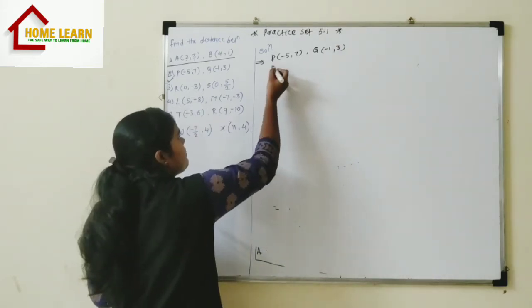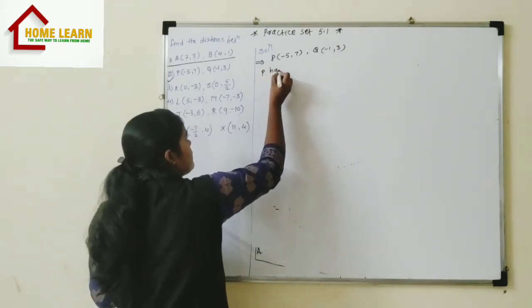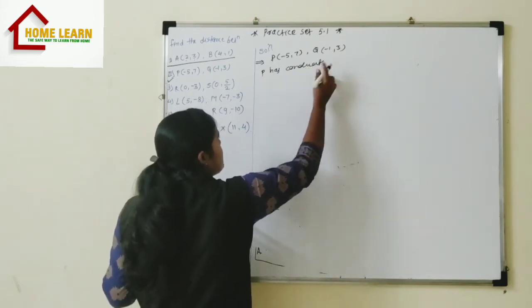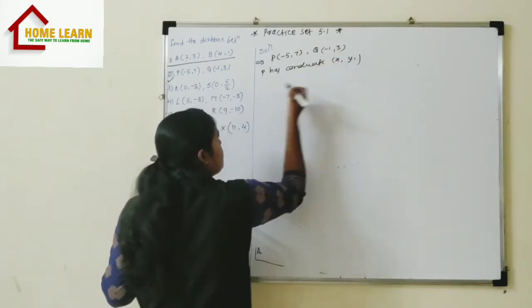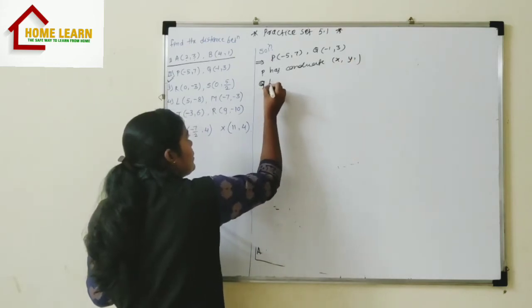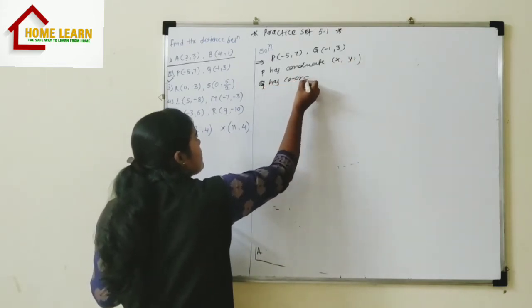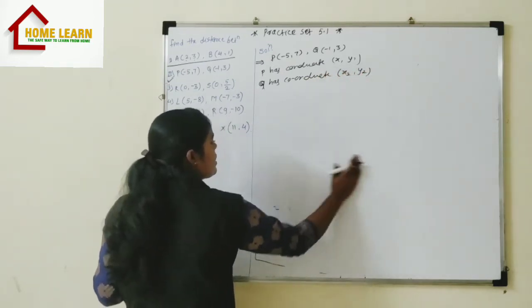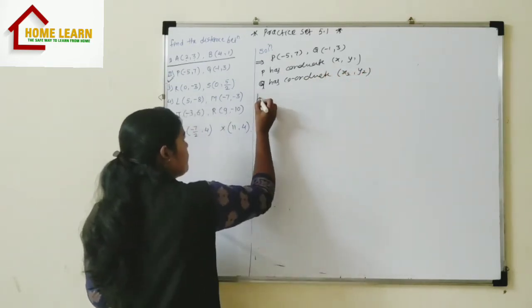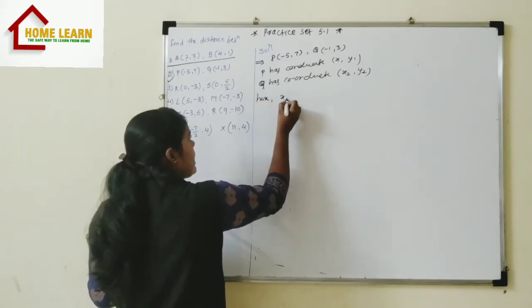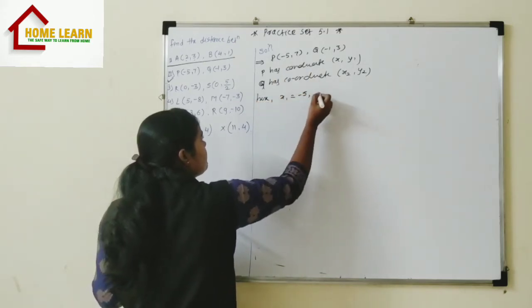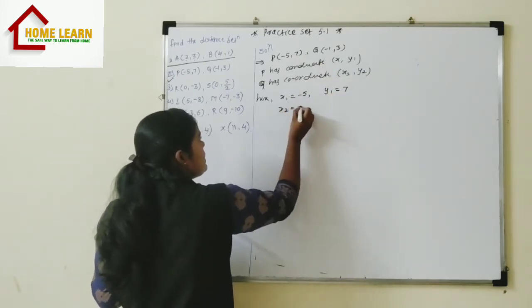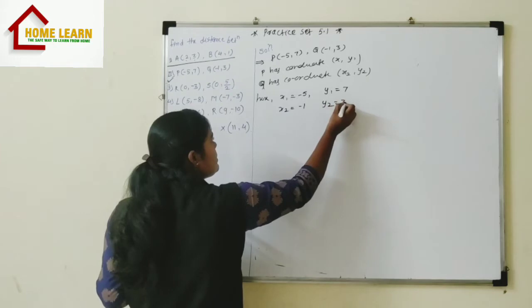The same procedure is followed. Here x1 is minus 5 and y1 is 7, x2 is minus 1 and y2 is 3.